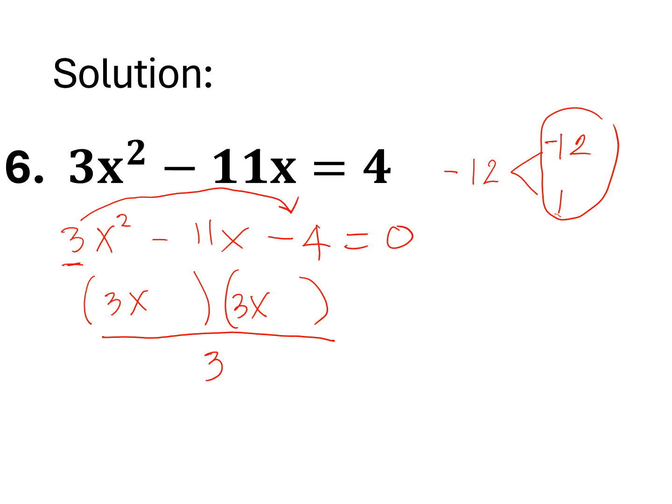So 9 divided by 3, that is 3. So it will go back to the original leading coefficient. So 3x, we will use the two numbers, minus 12, here 3x plus 1, then equals 0.